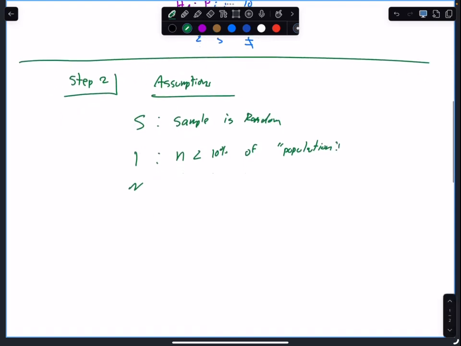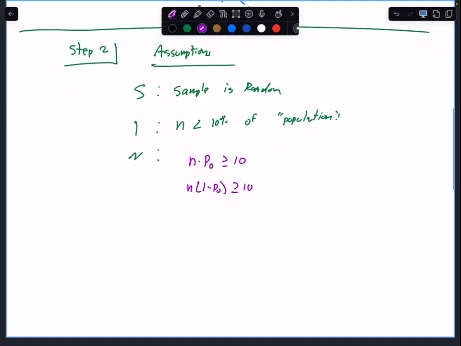And we talked about yesterday that in doing this normality check, the success and failures condition, we are actually checking N times P0, all right? Not the sample, not what we get in our sample, but P0. That must be at least 10, and N times 1 minus P0 must be at least 10. Now, in our do now, we already did that.